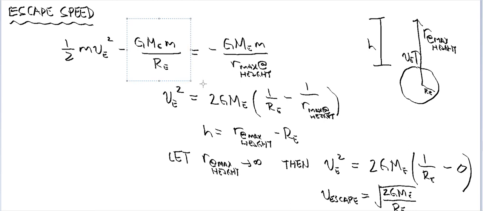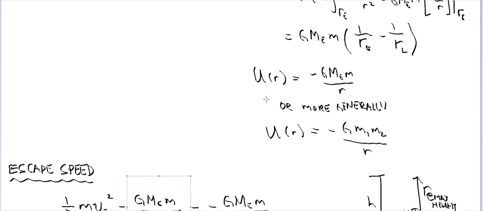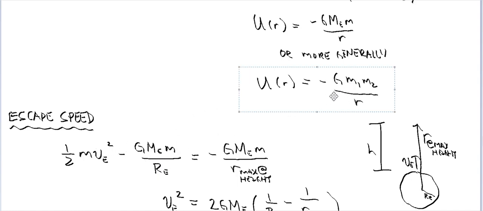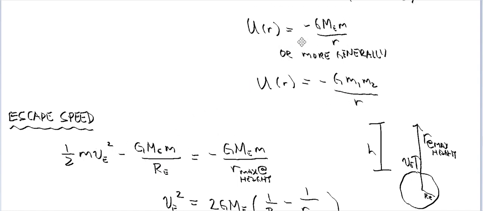It has gravitational potential energy of minus the universal gravitational constant G times the mass of the Earth times the mass of the ball divided by the radius of the Earth, right? We just solved for that here. That is the potential energy. I guess it was this one, right? Yay.